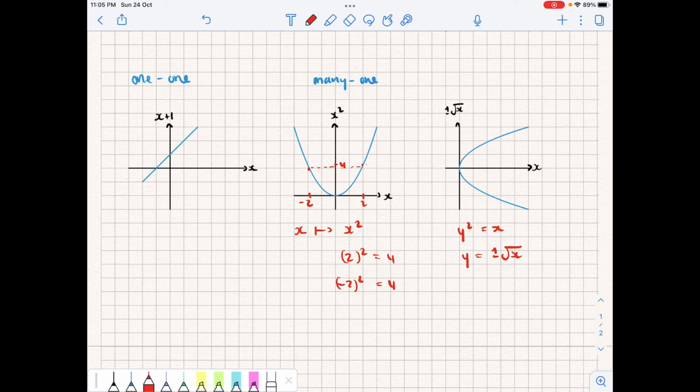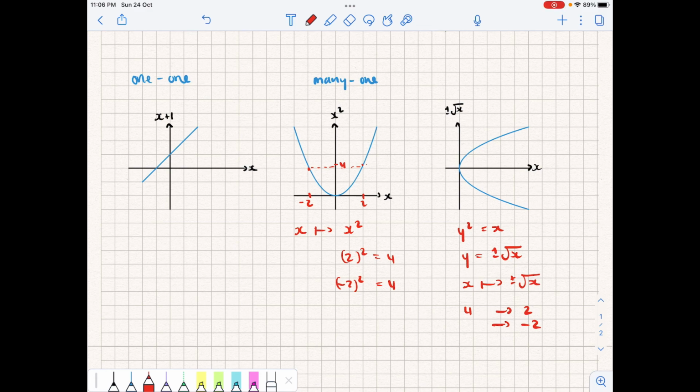So in this case, if we consider the function x is such that it's mapped onto plus or minus the square root of x, let's say x was equal to 4, well, positive square root of 4 is going to be 2. And negative square root of x is going to be negative 2.